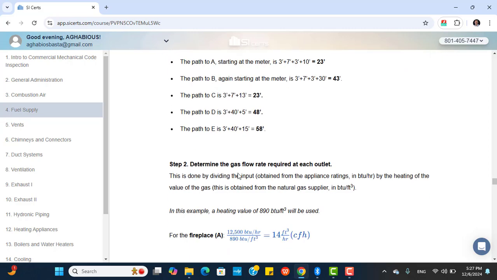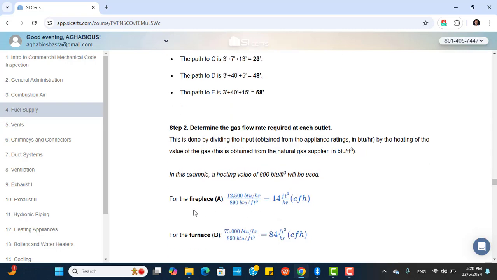Step 2. Determine the gas flow rate required at each outlet. This is done by dividing the input of the appliance, rated in BTU per hour, by the heating value of the gas. This is obtained from the natural gas supplier in BTU per cubic foot. In this example, a heating value of 890 BTU per cubic foot will be used.